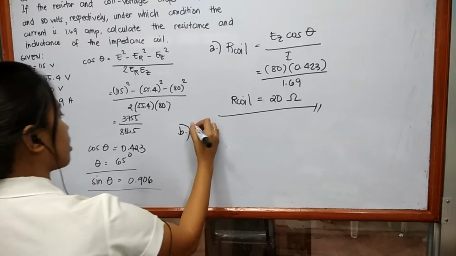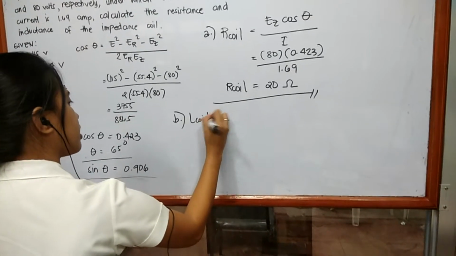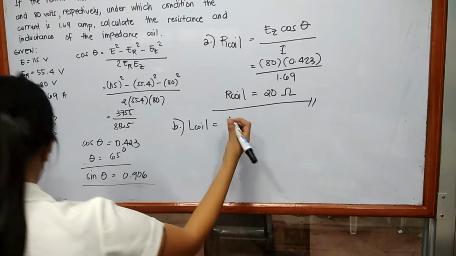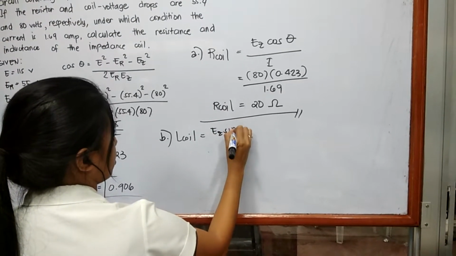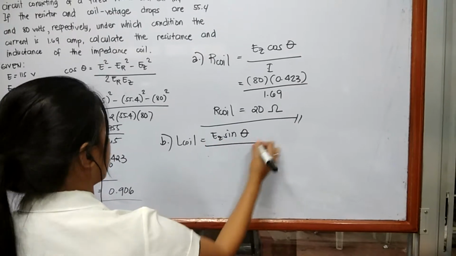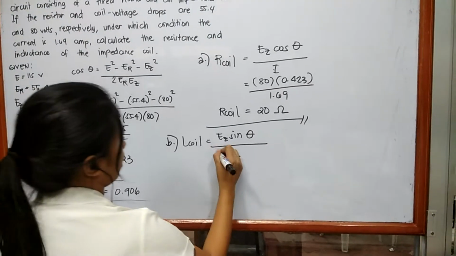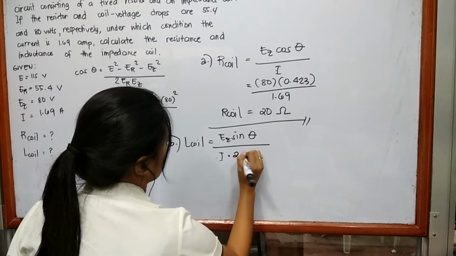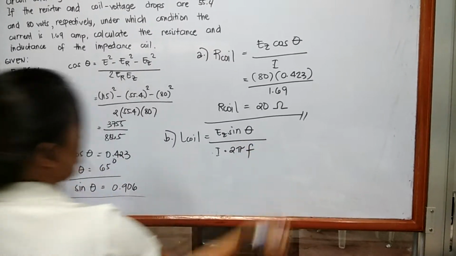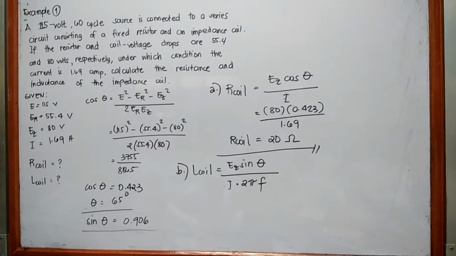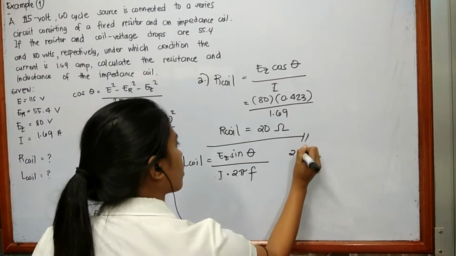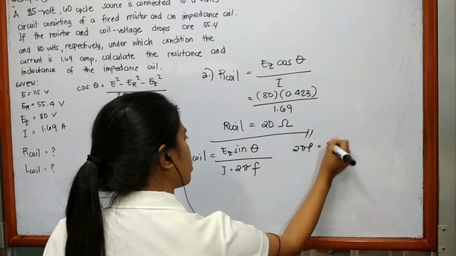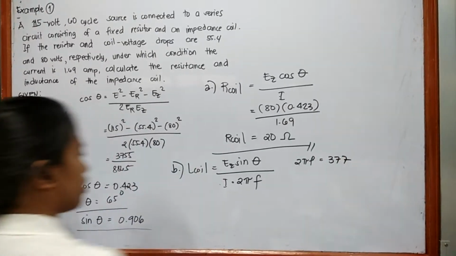Next, the inductance of the coil is equal to EZ sine theta all over I times 2 pi f. So the value of 2 pi f is equal to 377.